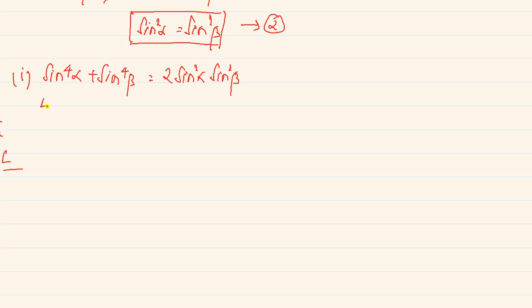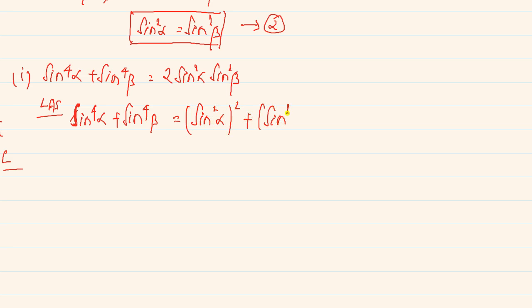So now what we can do is take the left hand side. Left hand side is sin to the power of 4 alpha plus sin to the power of 4 beta. Okay, this can be rewritten as sin square alpha the whole square plus sin square beta the whole square.